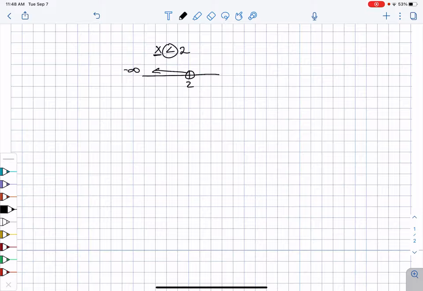So now I'm going to drop these two numbers down into my interval in the order that I see them. The negative infinity is on the left, the 2 is on the right. There's a comma between the two. The infinities always get a round bracket, and because this hole is open, that gets a round bracket. This is interval notation.